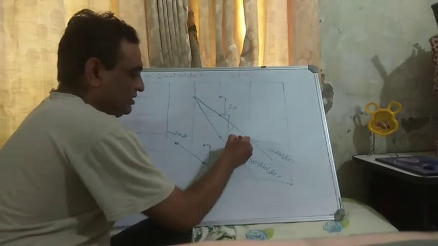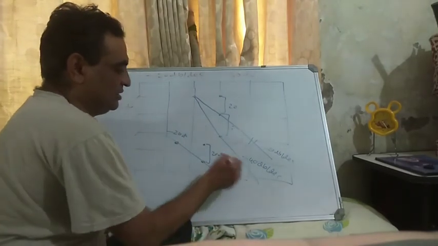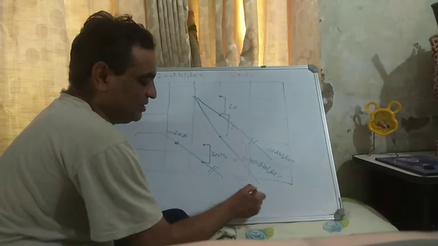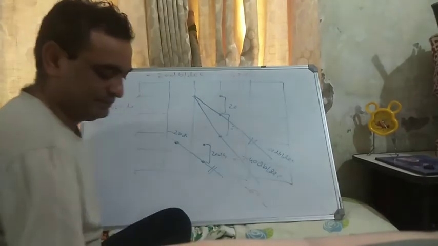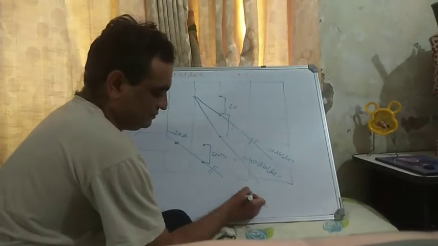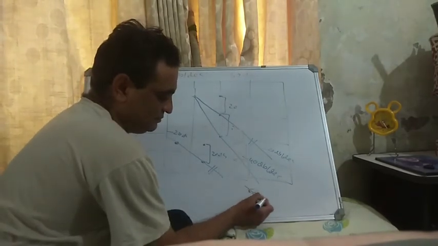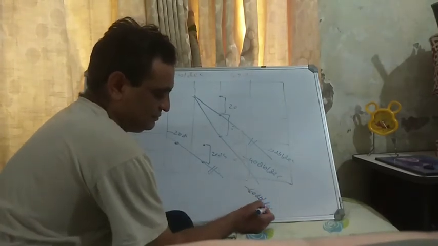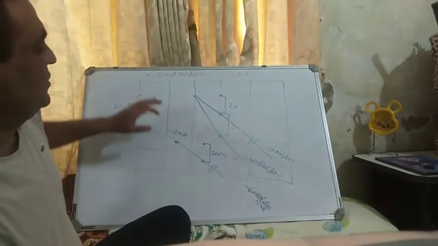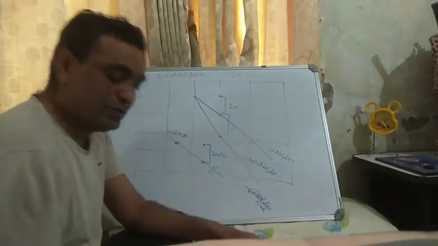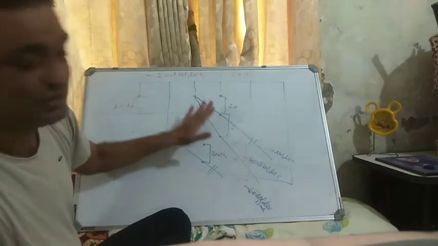So this is 20, this is 20, this is 20, 60. So this is a minus 60 dB per decade line. Okay, so I request all of you to practice on this.